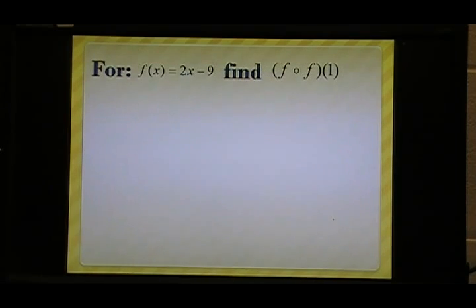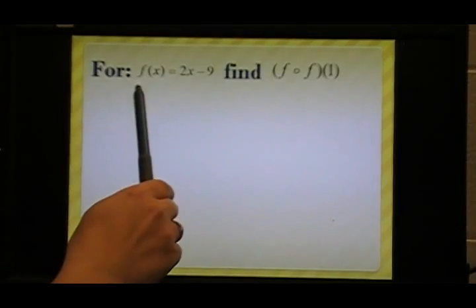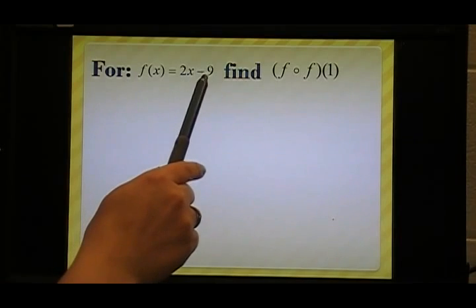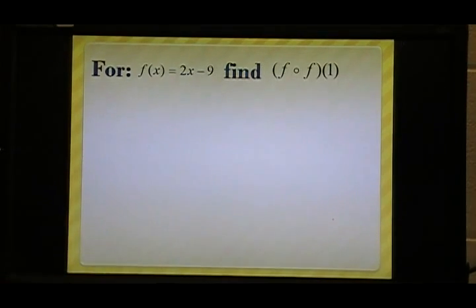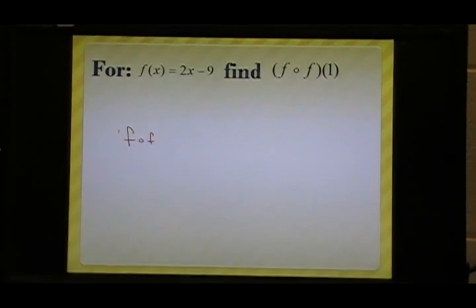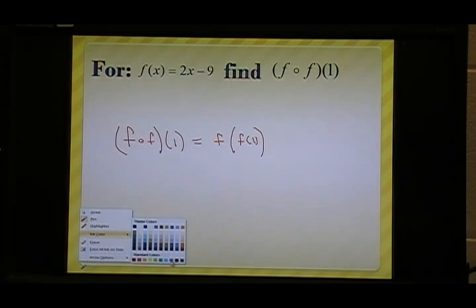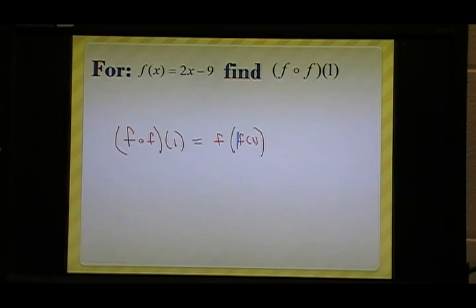Okay? For this function f of x equals 2x minus 9, we want to find f of 1. So I'm going to do that using the second option. Again, I find it easiest for me to rewrite this as f of 1. And I know that I need to simplify or find out what the value of this is first.